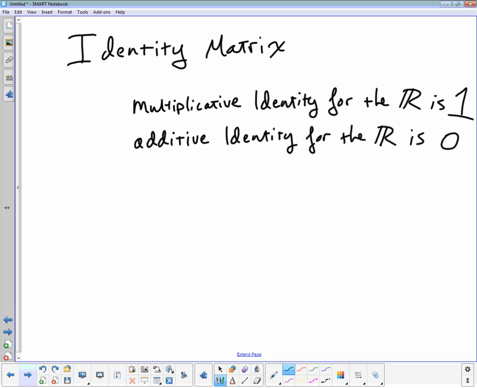All right? There is always only one identity. You can't have two identities. Some rules for being an identity. Okay, so I'm saying A is a collection of matrices of a specific dimension.